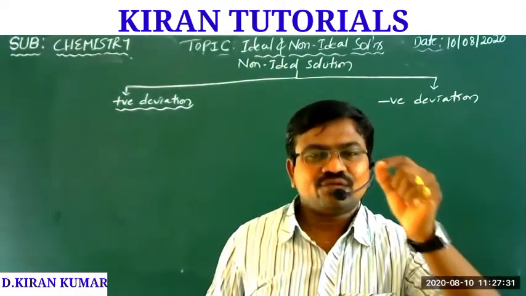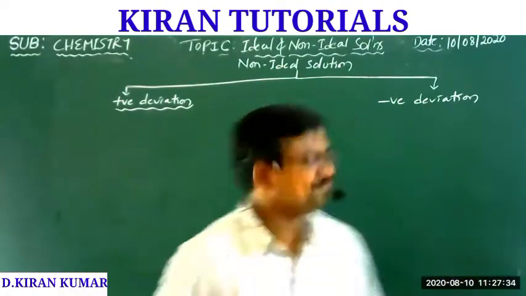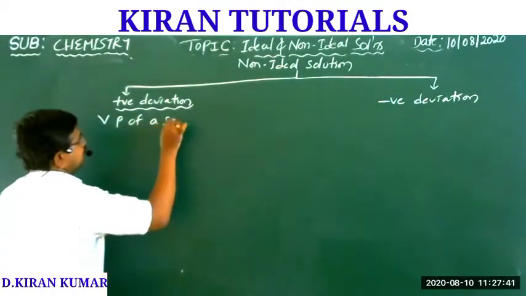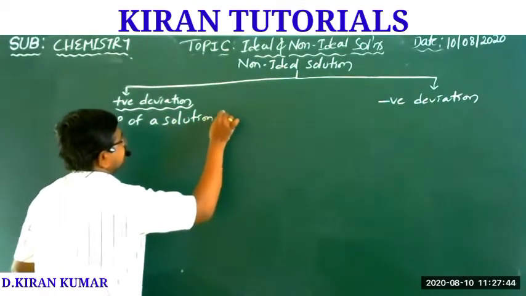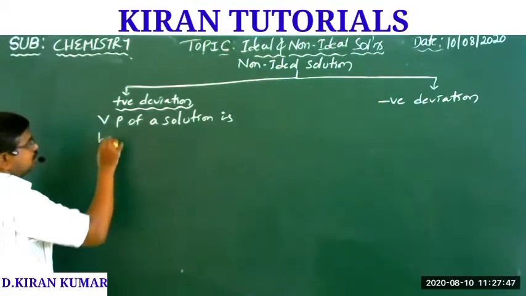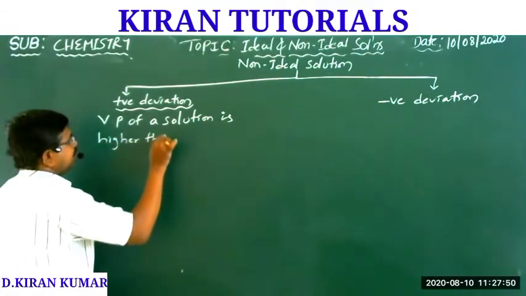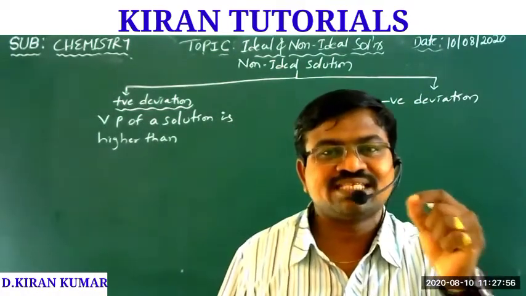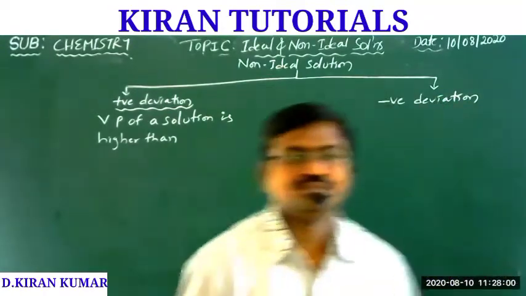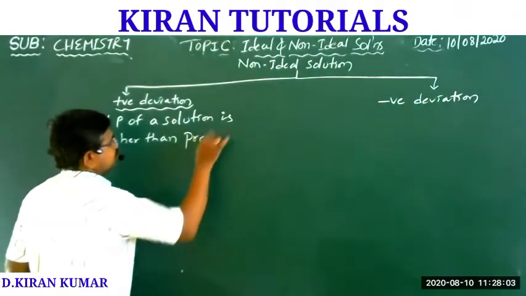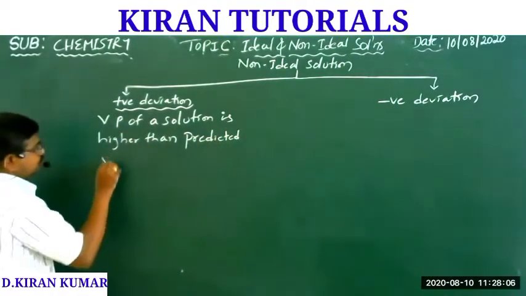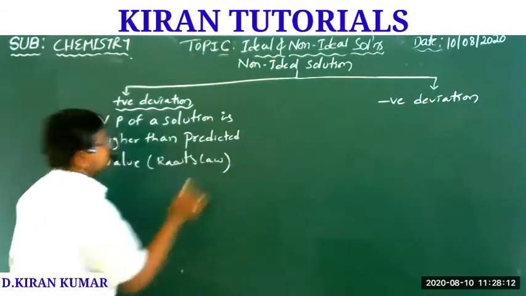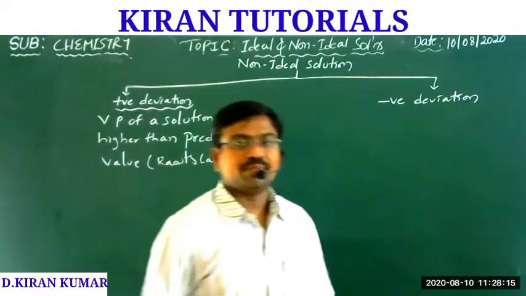Then what is positive deviation? When the vapor pressure of a solution is higher than the predicted value from Raoult's law, that is called positive deviation.